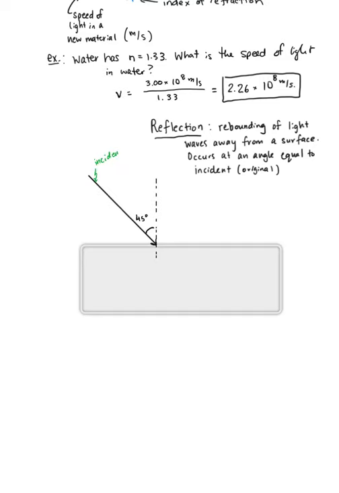It's incident upon a surface like this mirror. It's the original incoming wave. Reflected light will come off of this surface at an angle that's equal to that incident value. So this is reflected light. And the angle with which it leaves the surface is the same as the angle with which it hit the surface. Here in this example, it's 45 degrees.